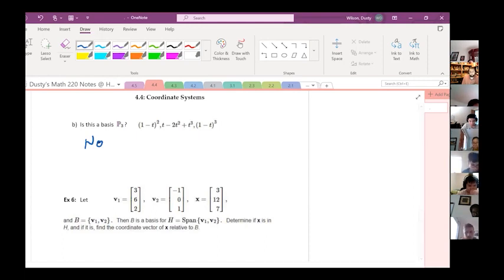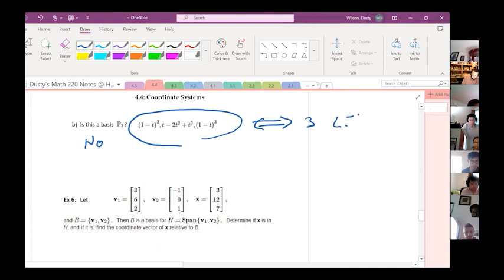I've got that they don't span R4 from Megumi. So remember those three vectors. These guys right here were isomorphic with 3 linearly independent vectors in R4.